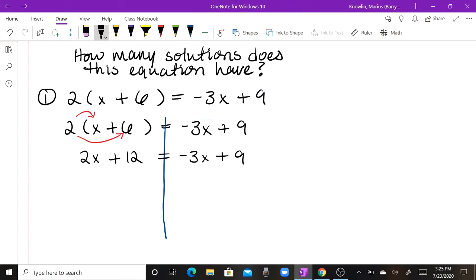Let's go ahead and get our x's on the same side. I'm going to move the smaller x, so we're going to subtract 2x. That's going to leave me with 12 equals -5x plus 9. And then at that point, we can subtract 9 from both sides. That will give us 3 is equal to -5x.